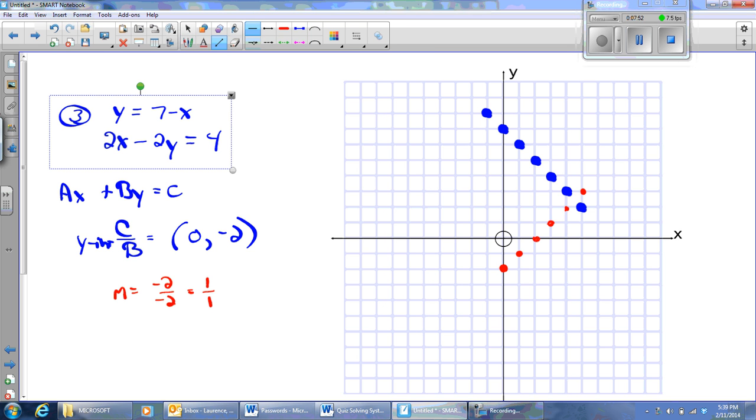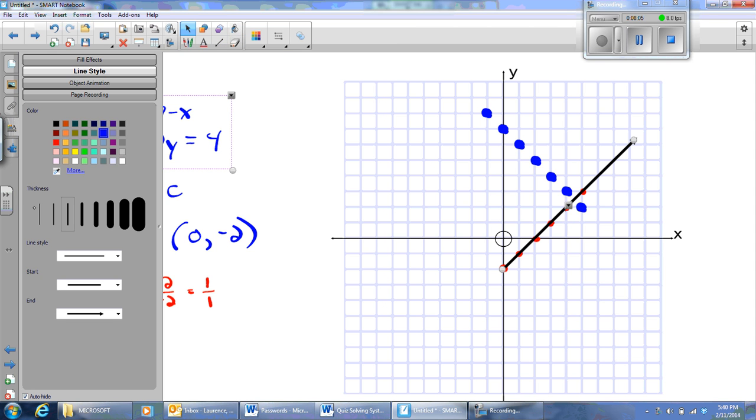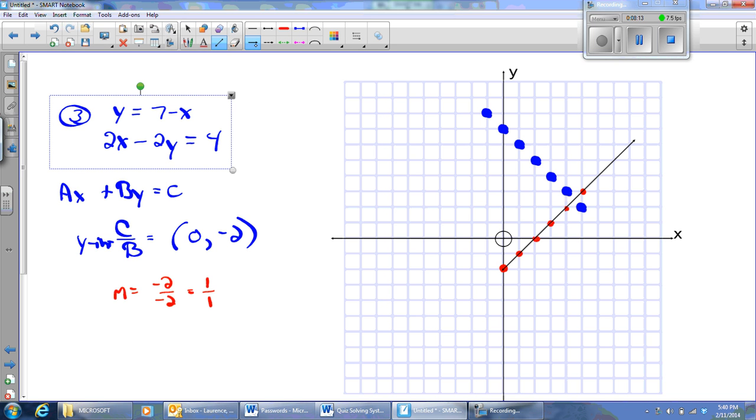I chose it. I don't know what the solution is ahead of time, right? So I'm going to make him a little bit thinner so I can tell what's going on here. There we go. He's nice and thin now. Went on a diet. And let's get another line here.